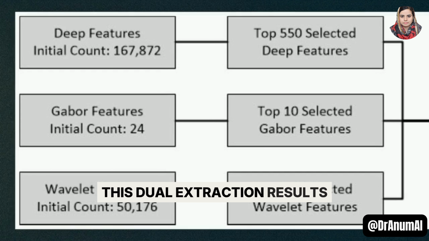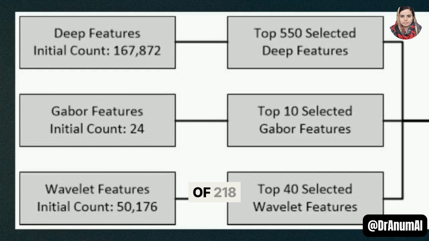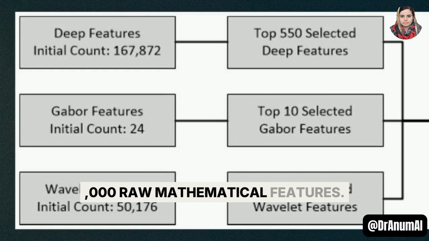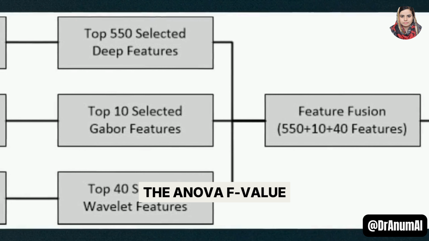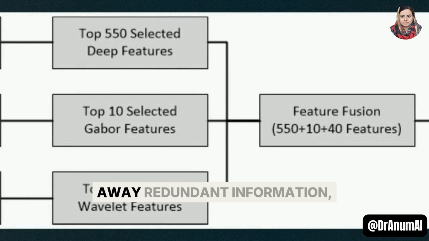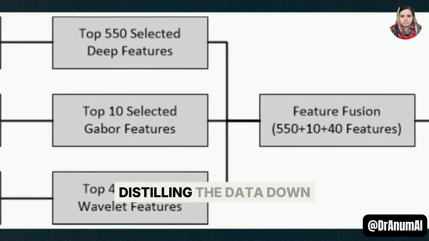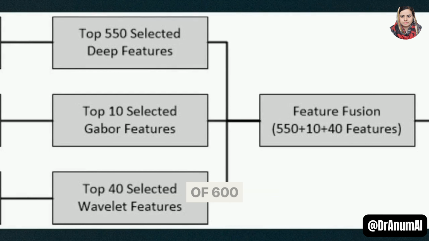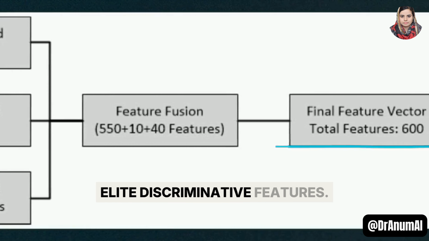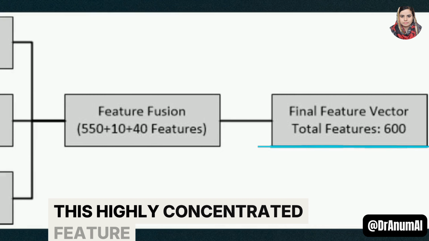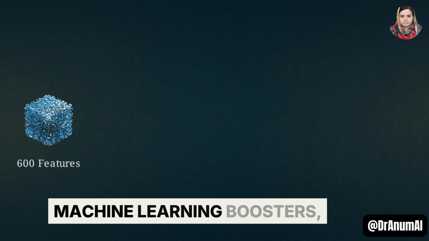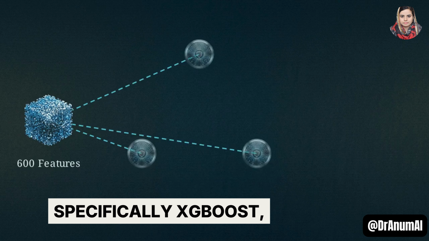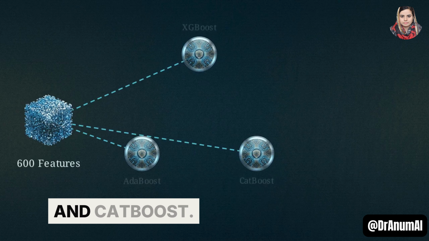This dual extraction results in a massive cluster of 218,000 raw mathematical features. To process efficiently, the ANOVA F-value filter aggressively strips away redundant information, distilling the data down to a final output of 600 elite discriminative features. This highly concentrated feature vector is then fed into an ensemble of machine learning boosters, specifically XGBoost, AdaBoost, and CatBoost.